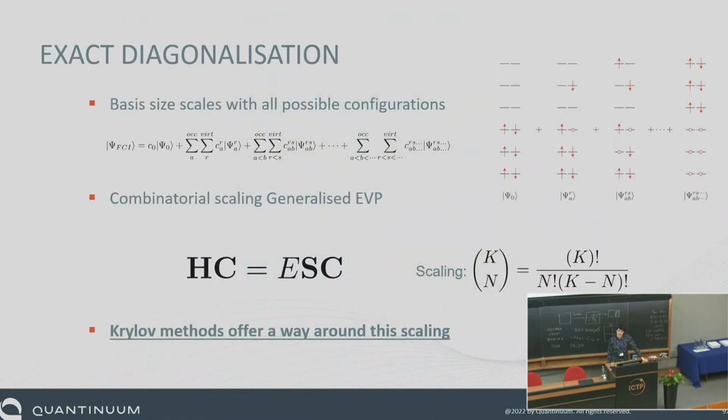So that brings me to quantum Krylov methods, which I think are a useful application of quantum computing for NISQ. So we go back to exact diagonalization, where we're building, remember, we have this huge basis. I'm going to speak now about quantum Krylov methods, which I would say is the nearest-term application of NISQ for chemistry.